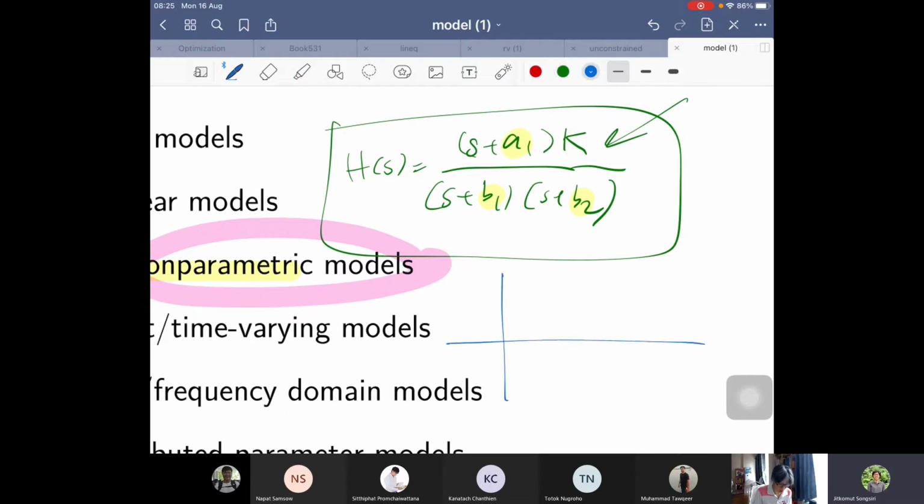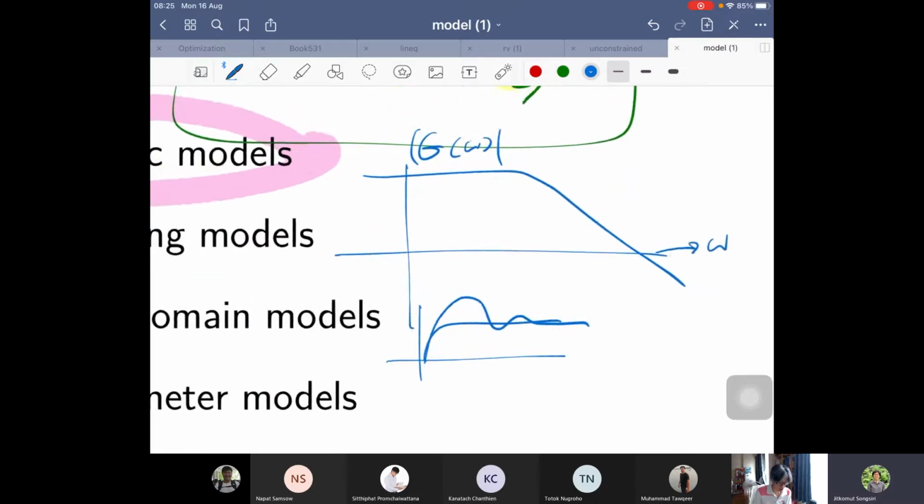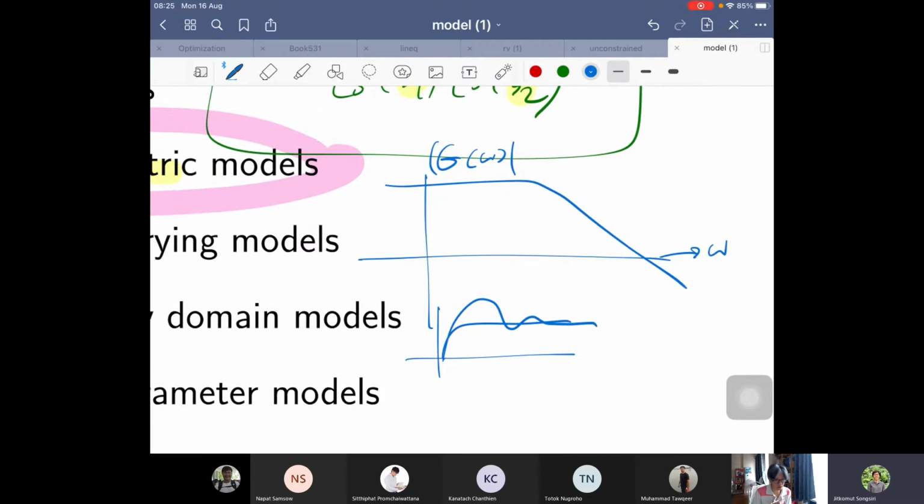The most common examples are the frequency response of the system, the Bode plot, and the step response plot, because this is a type of description of the system that is, of course, different from system to system.